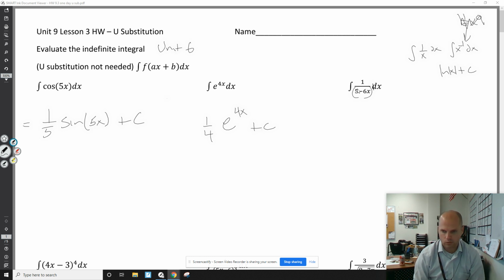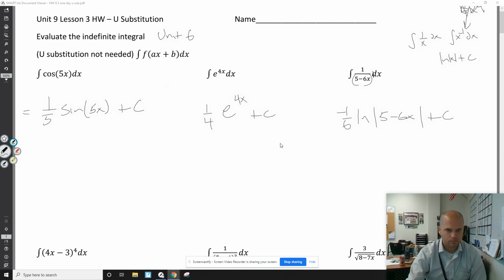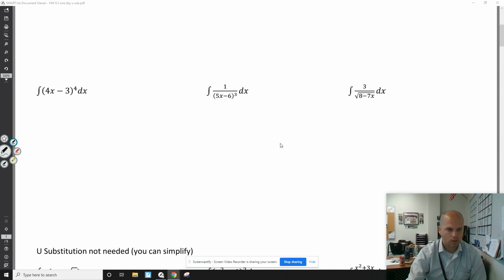No, there is some function whose derivative is this. And the function is log, the antiderivative of the outside, times a negative 1/6. Now, how can I check this? Take the derivative of this. 1 over 5 minus 6x times negative 6, the negative 6 and the negative 1/6, boom, cancel. Okay? These are the same.